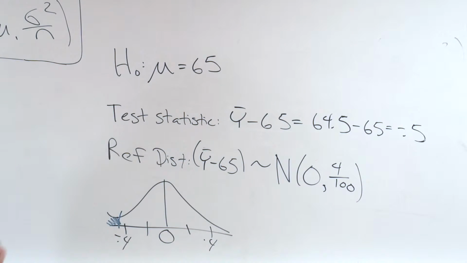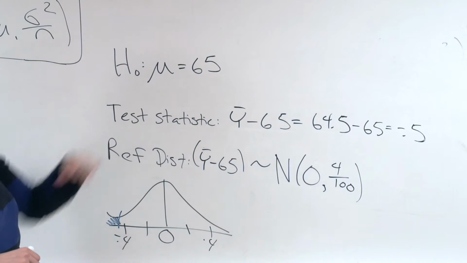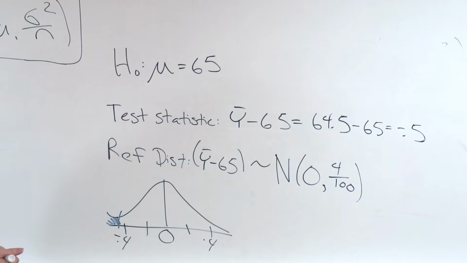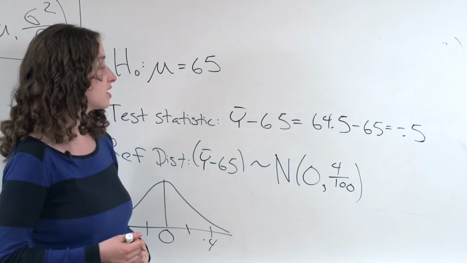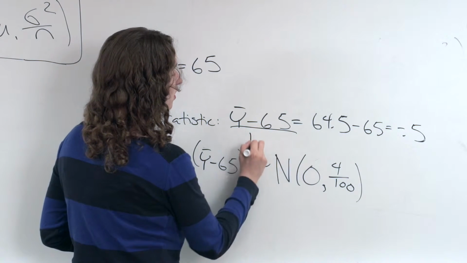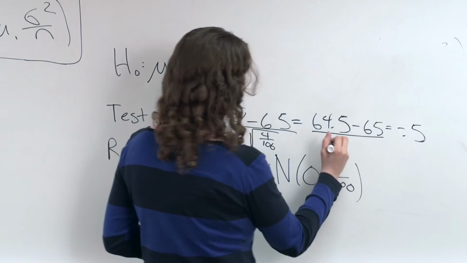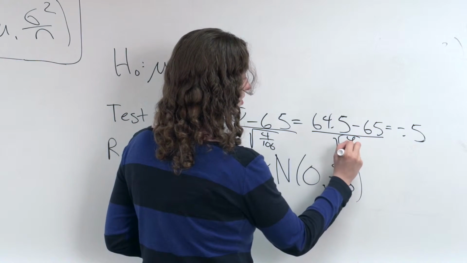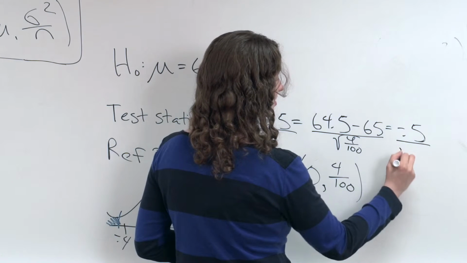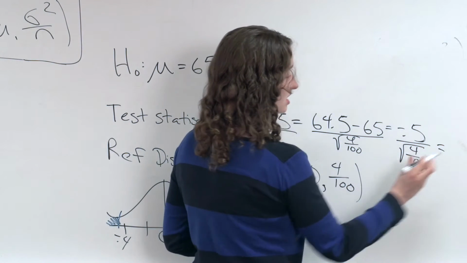The null hypothesis is still going to be that the population mean is equal to 65. Again, that's not something I know, that's the assumption I'm trying to test. What are we going to do? Instead of using as a test statistic y bar minus 65, I'm going to divide that quantity by the square root of the variance. So I divide this by the square root of 4 over 100, which in this case is what?